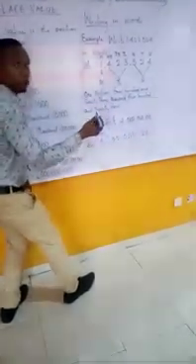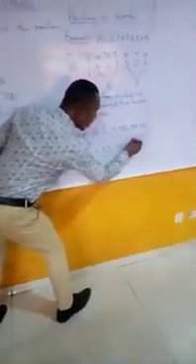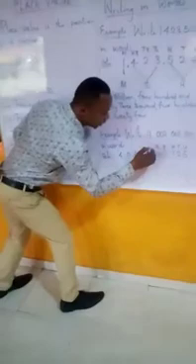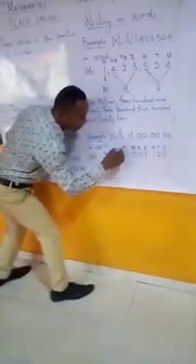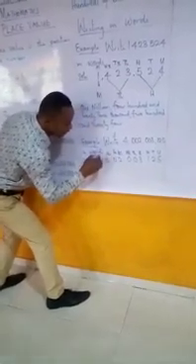Then what do we do now? We write them out: units, tens, hundreds, thousands, tens of thousands, hundreds of thousands, millions, tens of millions, hundreds of millions, and my billion. Right?